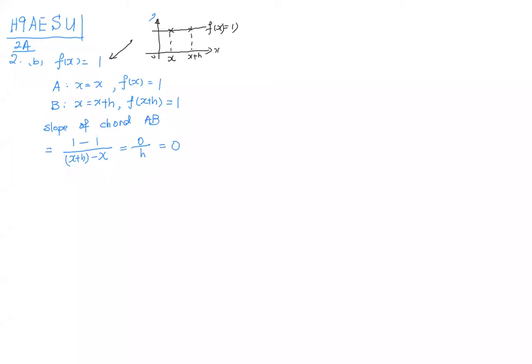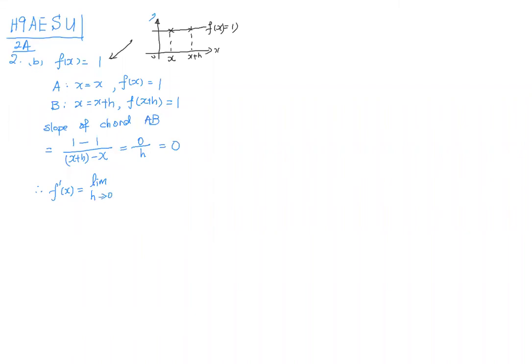So therefore, we write f prime x, we have to use the limit, right? What should I write down here? Christopher? h to 0. Yes, h tends towards 0.